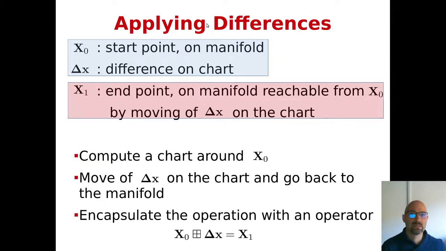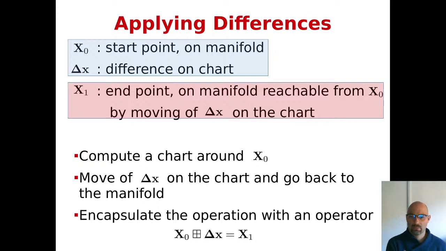So the process is that I go to my starting point, I get a chart in my starting point, then I calculate the difference, I apply this perturbation vector, this motion on the chart, and then I wake up in another location on the chart and I map it back to the manifold, to the position. It's basically the reverse of the other process.